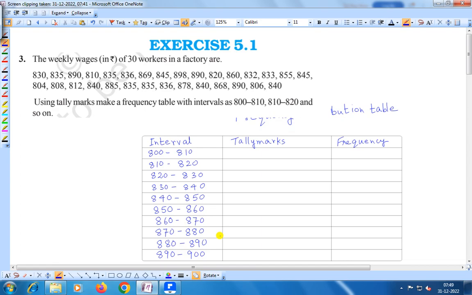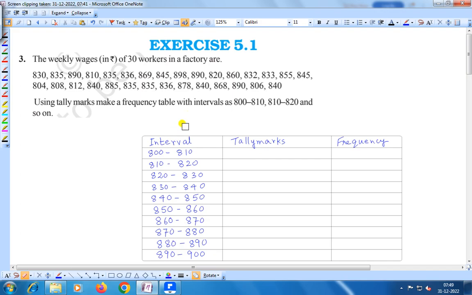This is the frequency distribution table. Here we have made a frequency distribution table, right?